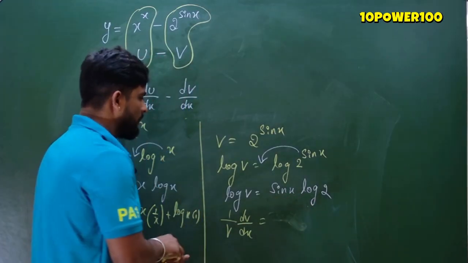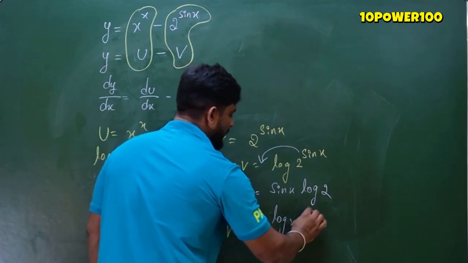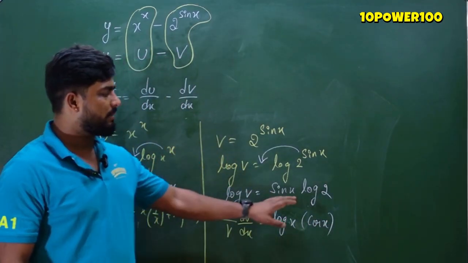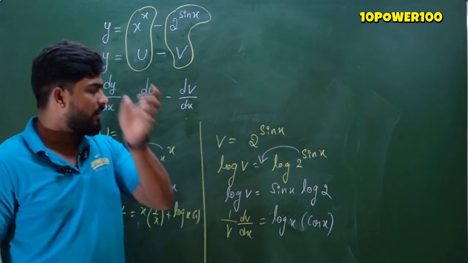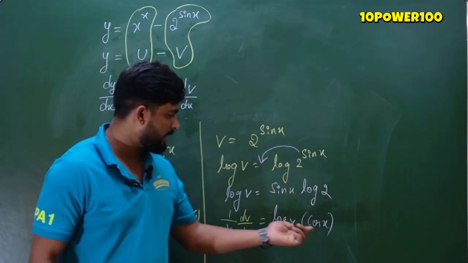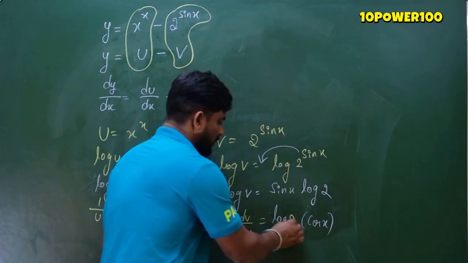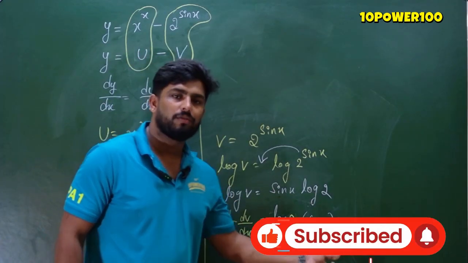So log 2 I'll keep as it is, and sin x differentiation is cos x. You can use product rule also, but remember log 2 differentiation is not 1 by 2 into 2 differentiation; it is 0. Even in that case you will end up getting 0, but don't do that. Consider log 2 as constant, so it's not log x, it is log 2, and sin x differentiation is cos x. So don't go for the product rule.